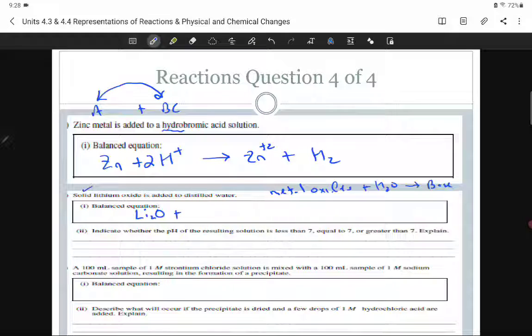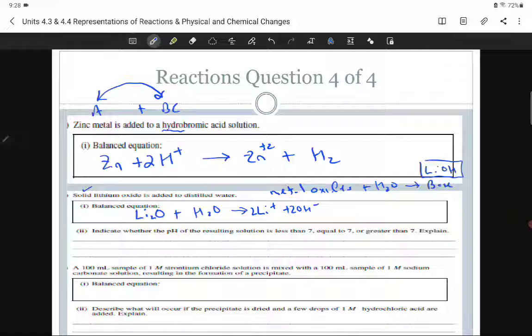It says solid, so I think it might be better in this case to leave it as lithium oxide, distilled water. And I said that's going to make a base. Well, the base would be lithium hydroxide. But remember, I had mentioned that that chemical is a strong base. So we have to write it as ions. And I think we're going to have to go like this to balance it. I think that's balanced now.